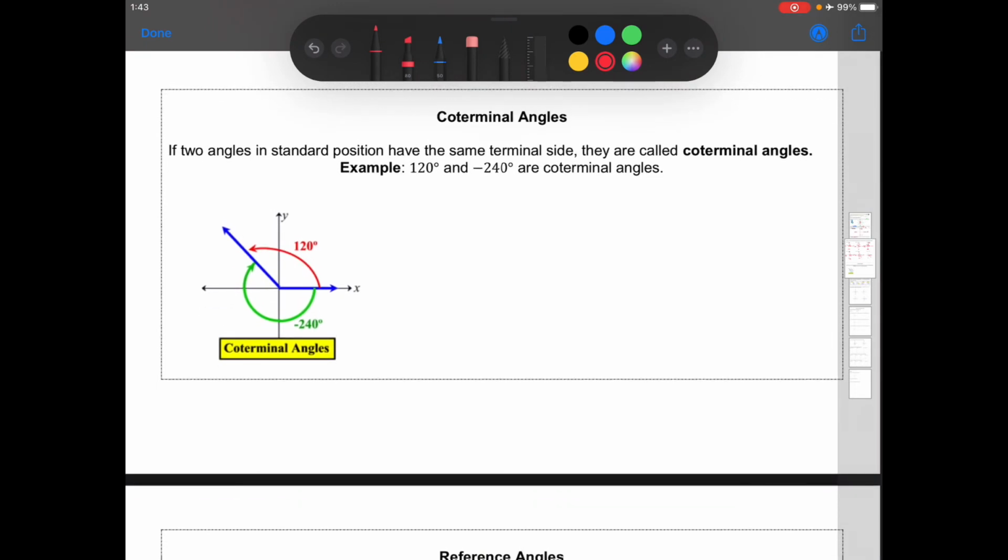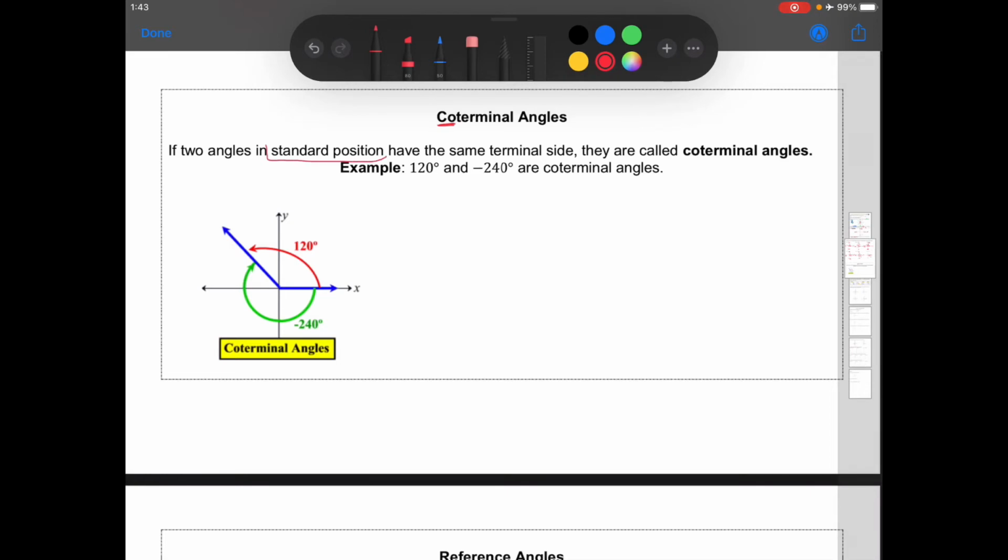Okay, coterminal angles. So think about what the prefix co means. Just like co-workers are people who you work with, coterminal also means the same thing: they share the same terminal side.